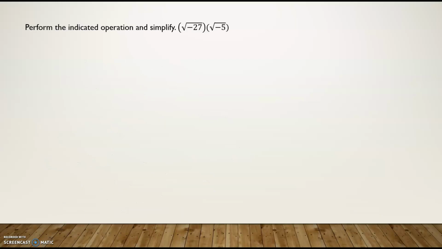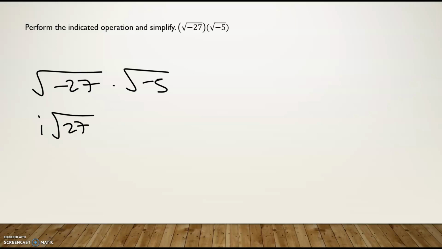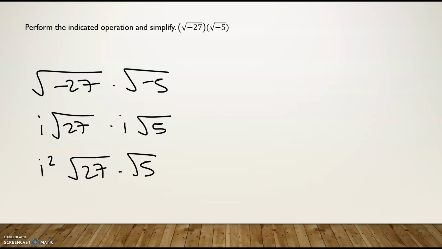Now let's look at this. Square root of negative 27 times the square root of negative 5. So the first thing I'm going to do is rewrite that. I'm going to take the i's out, so the negatives will go away. So that will give me i square root of 27 times i square root of 5. Then we can combine this i squared times the square root of 27 times square root of 5.